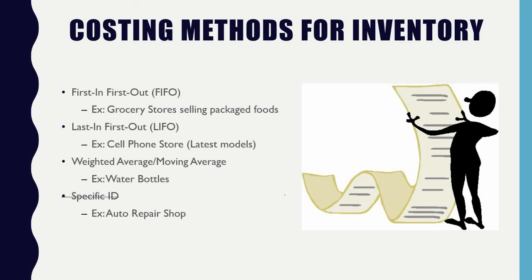So the first one we have here is called FIFO, short for first in, first out, which is pretty straightforward and easy to understand once you apply it to real life. Take a grocery store. Food items are perishable goods, they have expiration dates.